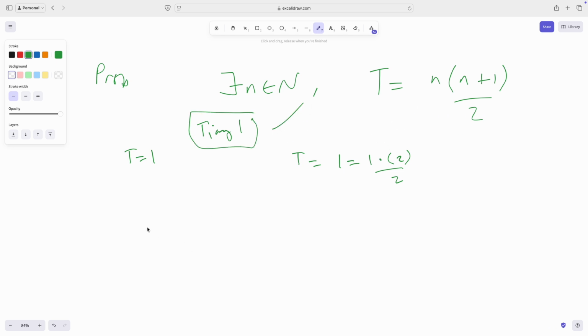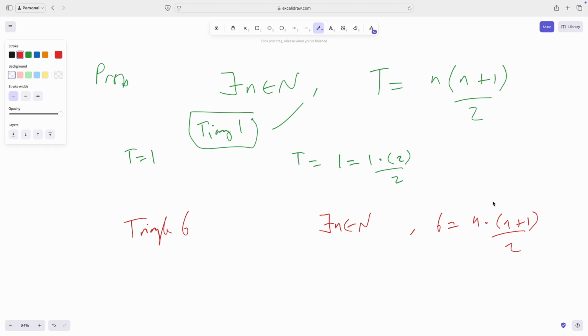Let's try it with another one. Let's pick 6. Is triangle 6 a true proposition? Well, what does triangle mean? It means there exists a natural number n such that 6 equals n times n plus 1 over 2, which means we need to find an n.